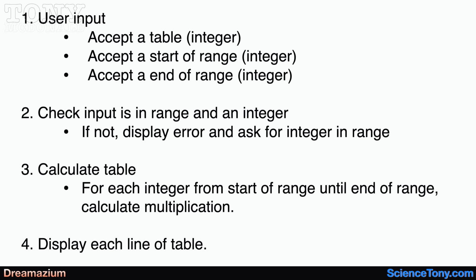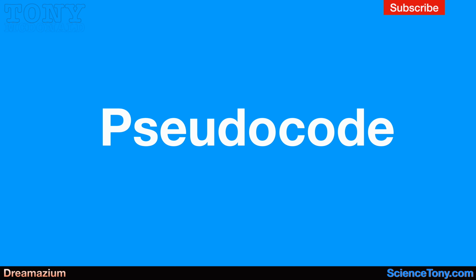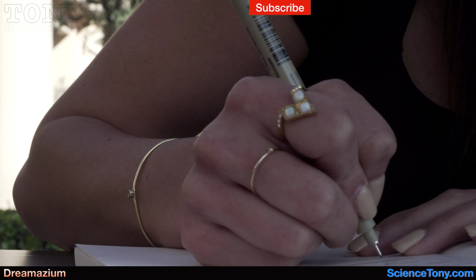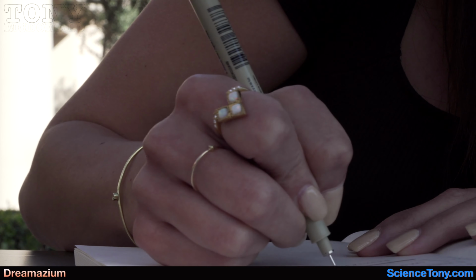Now, the next thing to do is to put this into pseudocode. Before we put it into pseudocode, make sure that you've got all of the processing loops. So in our example, the processing loops is going to be the calculation and the displaying. What is pseudocode? Pseudocode is a way of writing out your code that's still in English, but resembles the target code that you're thinking of using.